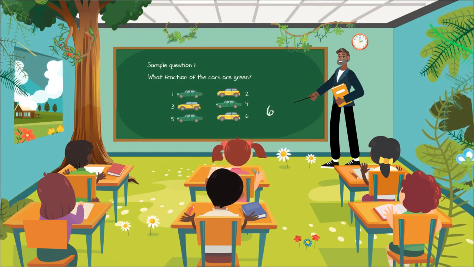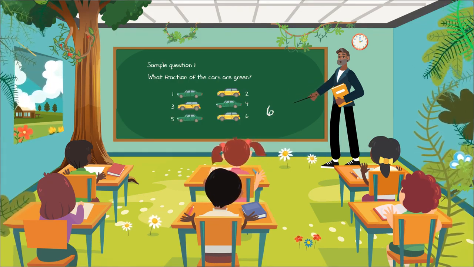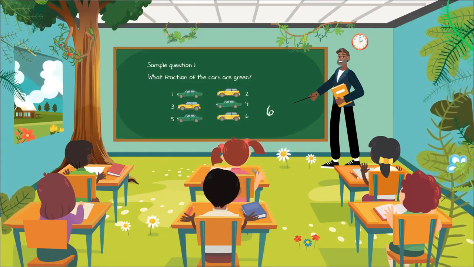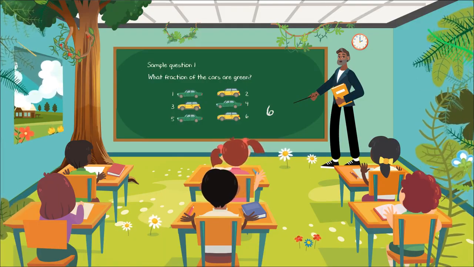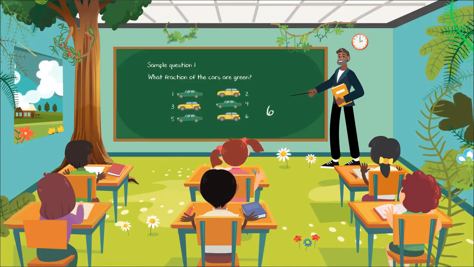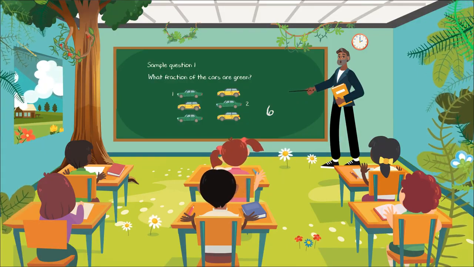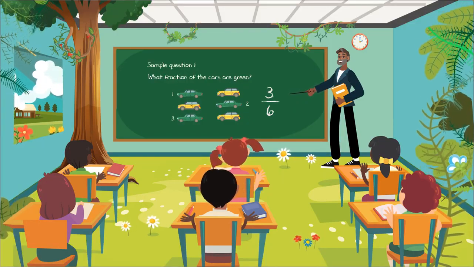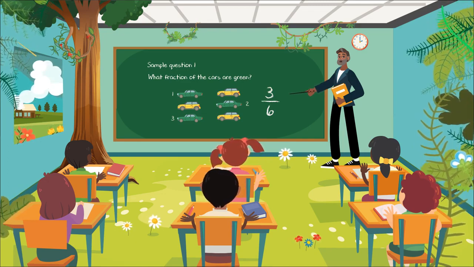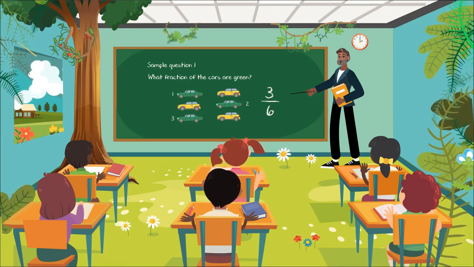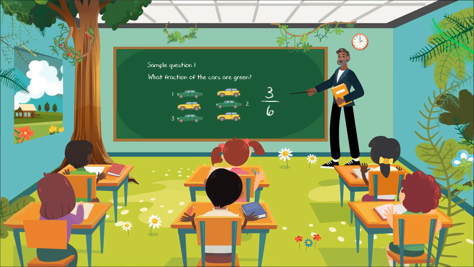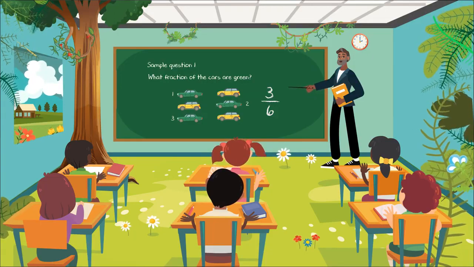So there are 6 in our denominator, the bottom number. Now, count the number of green cars. 1, 2, 3. This number is called the numerator. The fraction of green cars is 3/6.